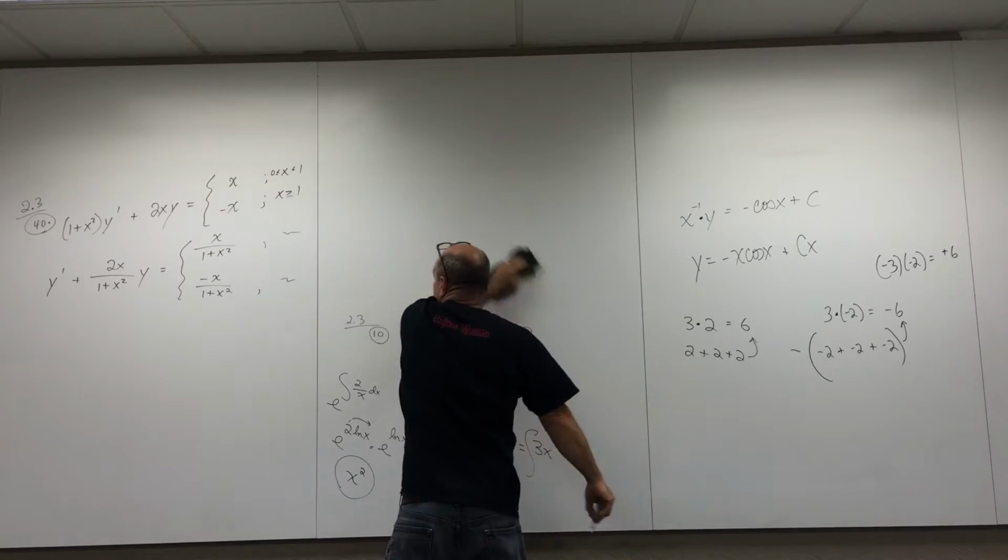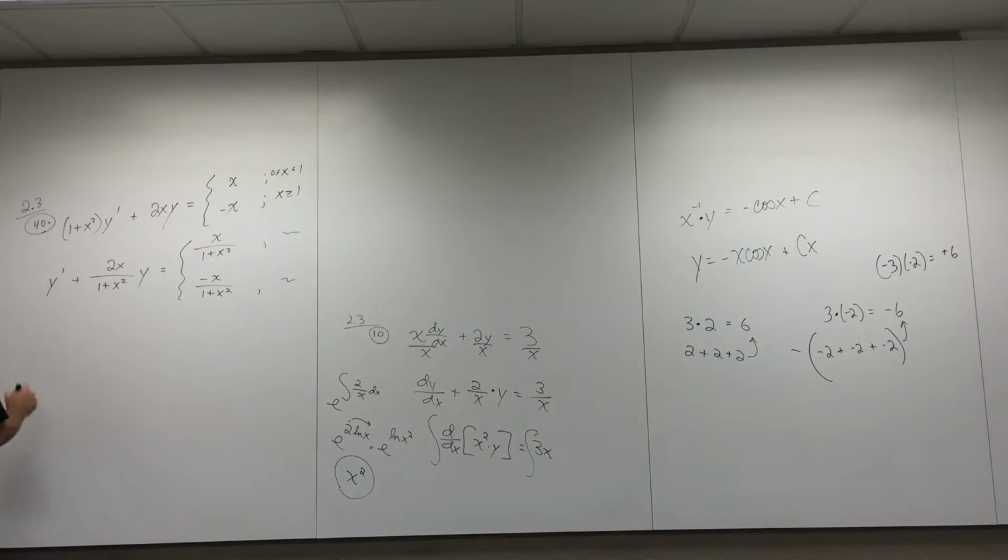Okay, now I need to find the integrating factor. I think I'll just work on that right here. That might take a little work because the integrating factor is e to the integral of this thing, 2x over 1 plus x squared. Well, maybe that's not that difficult, but it takes a little work. I got to do that integral, e to that integral. What would you do, guys, on that integral? U substitute. U equals the denominator. Du is the numerator. That's awesome. There is a little dx here.